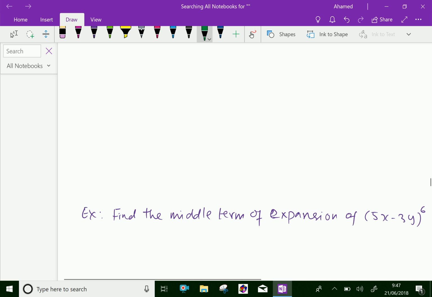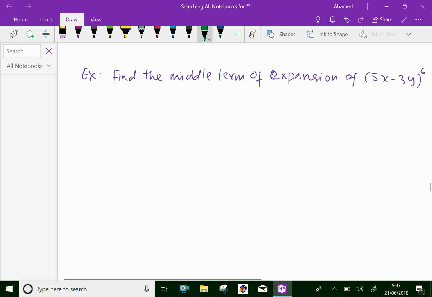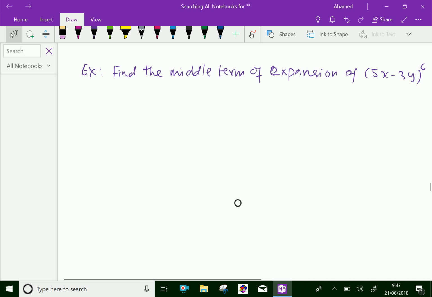Let us do one more problem. Find the middle term of the expansion of (5x minus 3y) power 6. Here n is even, n equals 6, which is even.